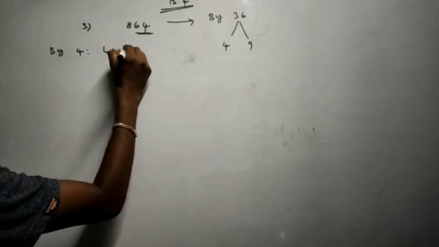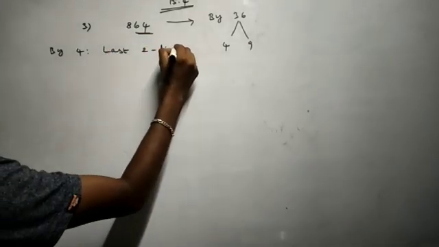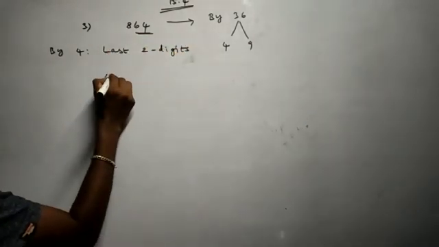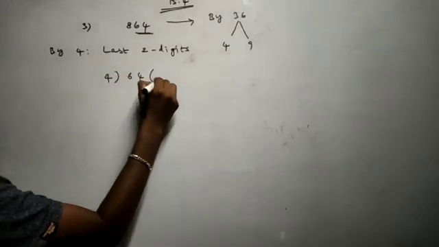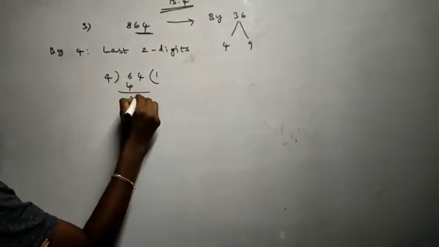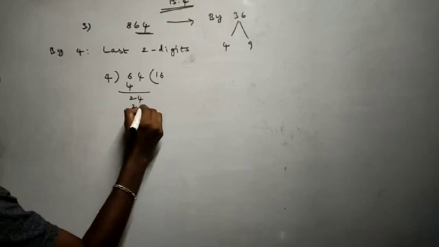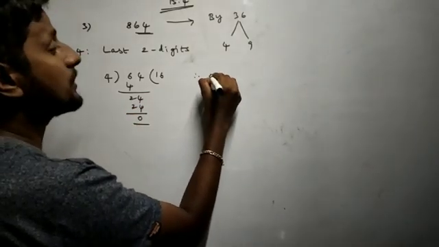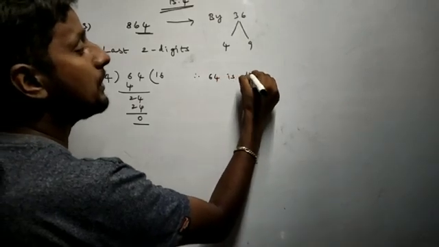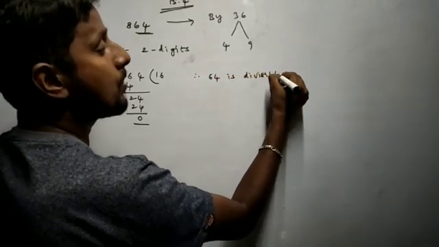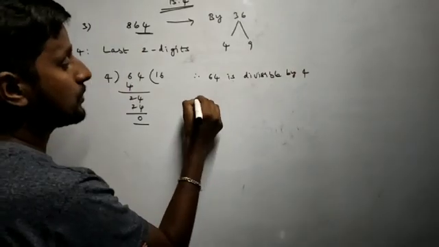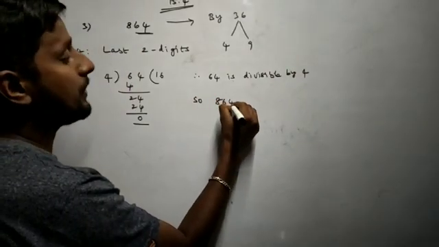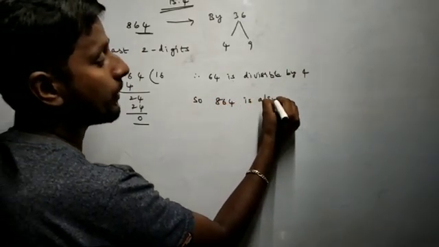Last 2 digits must be divisible, correct? Better. Look at 64: 4 1s are 4, 4 6s are 24, correct? So therefore 64 is divisible by 4. So 864 is also divisible by 4.